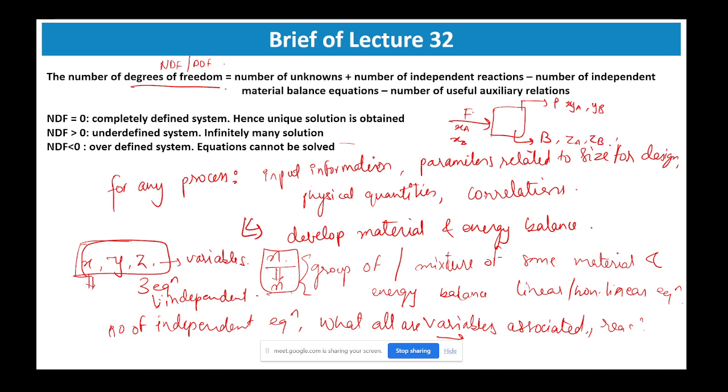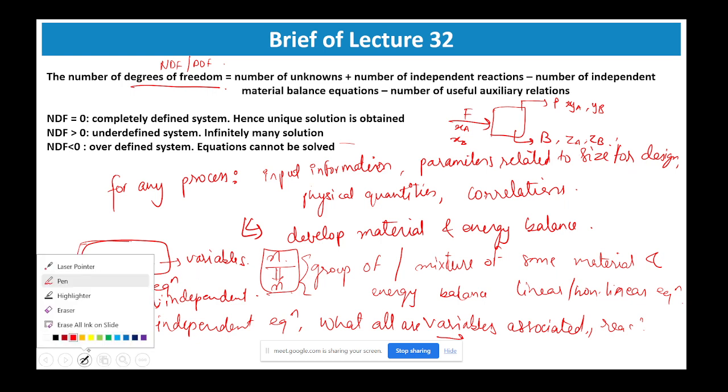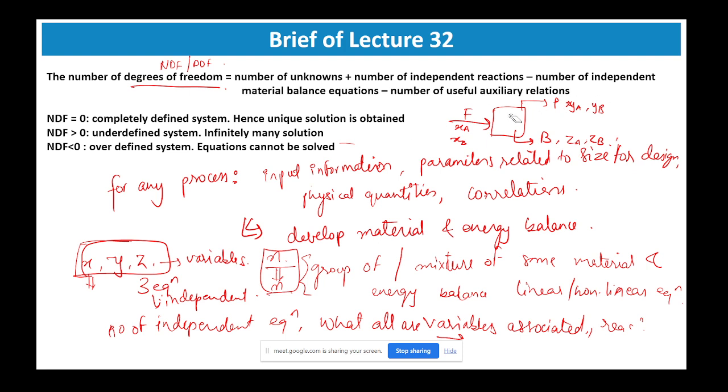Now, if you don't know anything, you will not be able to solve, okay? So, you need to have a certain basis for the solution. Once you have certain data, then you will be able to solve the process and calculate the unknowns.